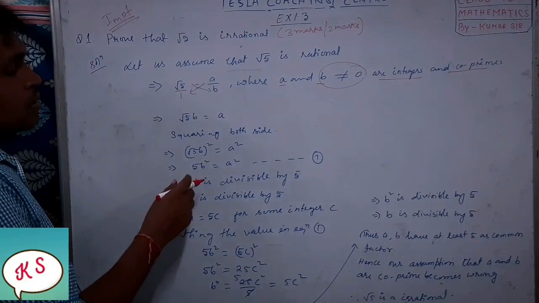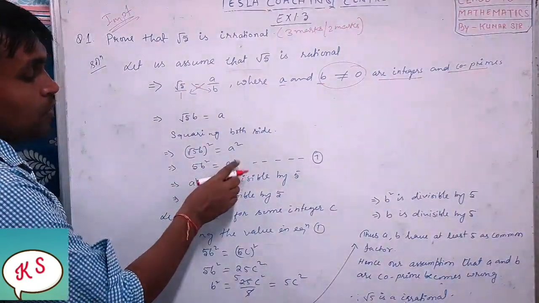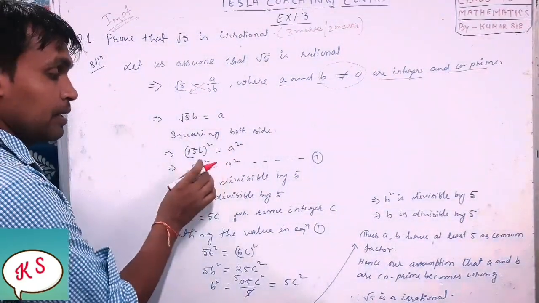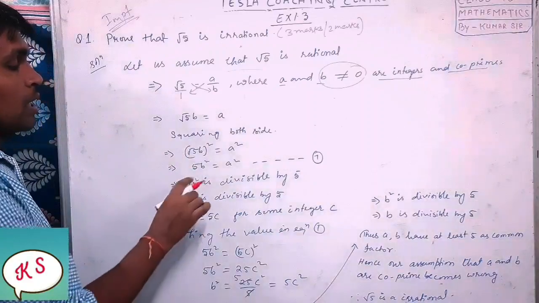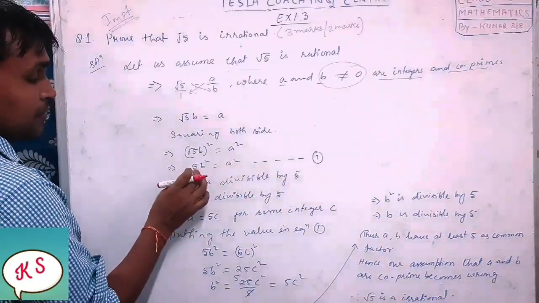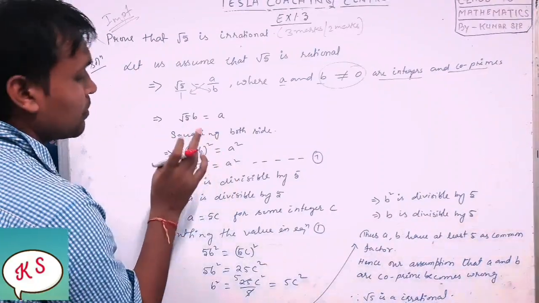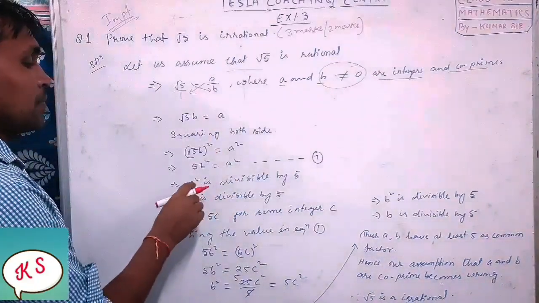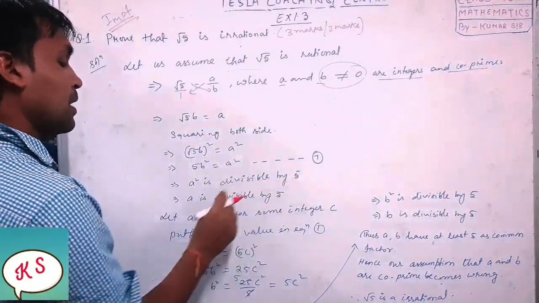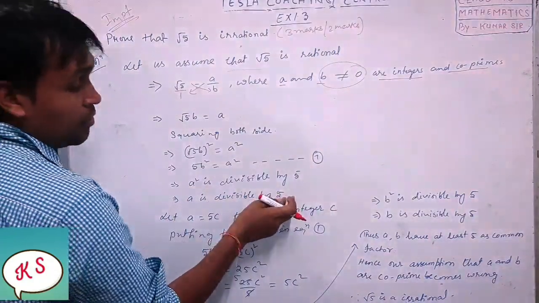Since 5b square is equal to a square, it means a square is divisible by 5. If a square is divisible by 5, then a is also divisible by 5.